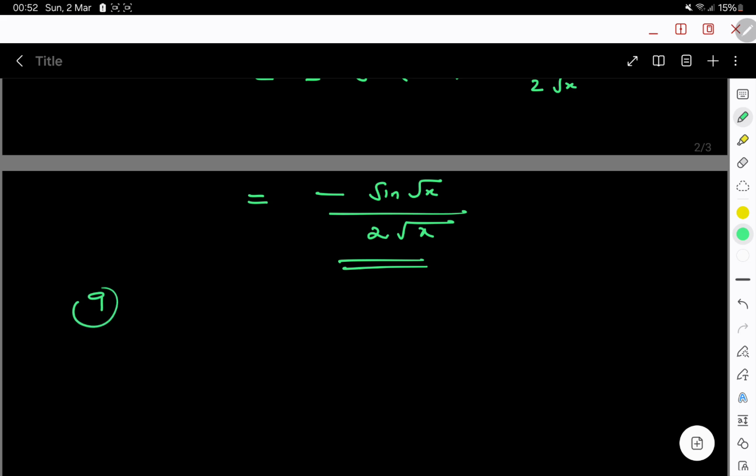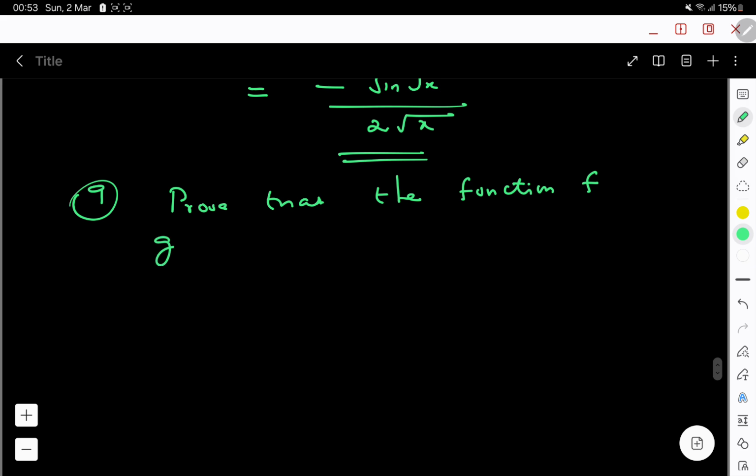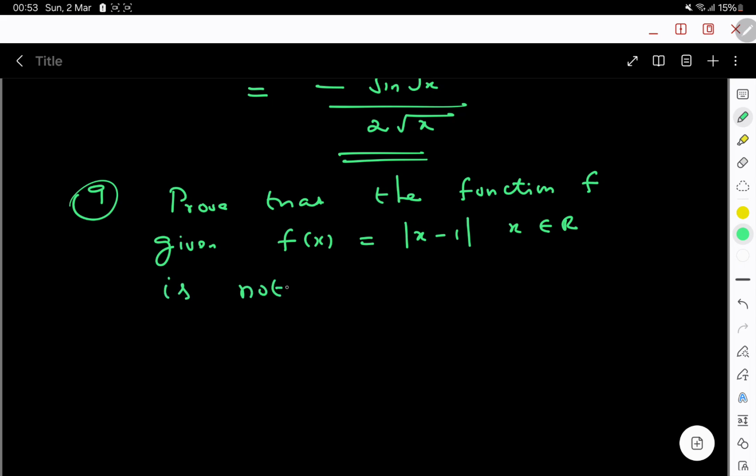Next problem, 9th problem. Prove that the function f given by f of x equal to mod of x minus 1, x belongs to R, is not differentiable at x is equal to 1.